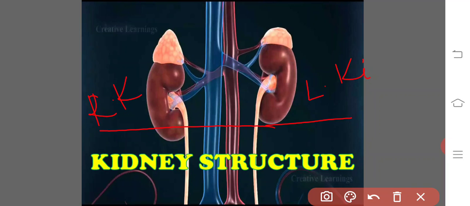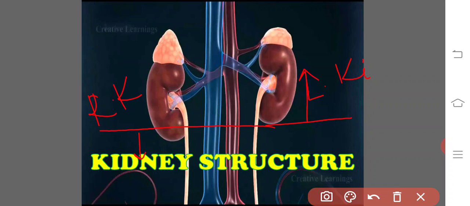The left kidney is somewhat anterior to the right kidney. The left kidney is arranged anteriorly and the right kidney is arranged somewhat behind it.